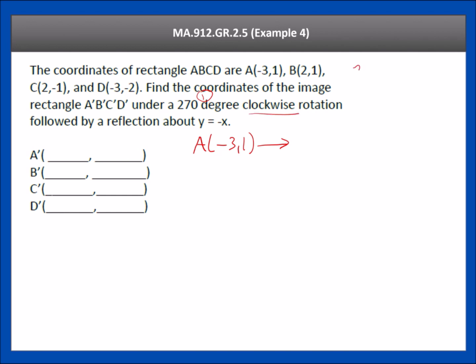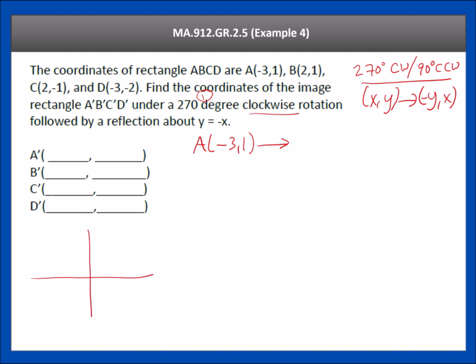So that means 270 degrees clockwise is the same thing as 90 degrees counter. And we showed you the rule for 90 degrees counter, which is (x, y) maps to (negative y, x). And if you want a way to memorize this, the way that I remember it is that if I start here, (x, y), and rotate this 90 degrees counterclockwise, that takes me here, and this is 90 degrees counter.